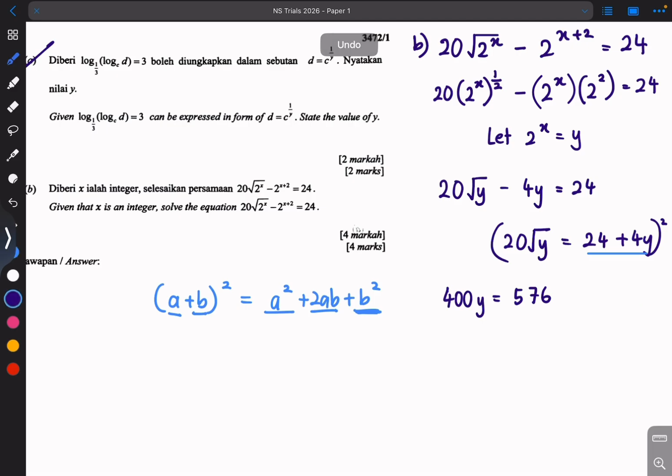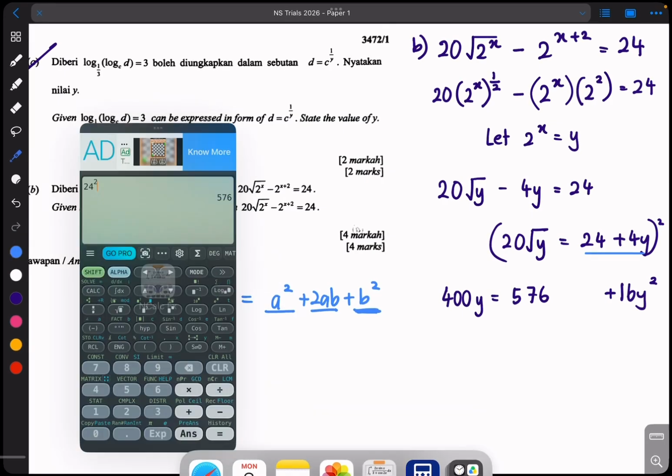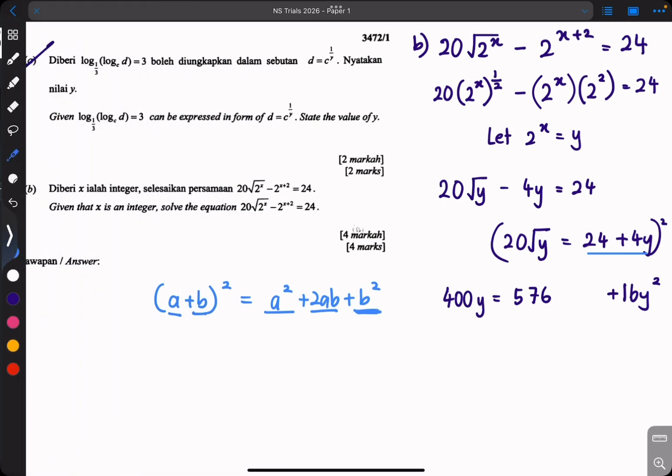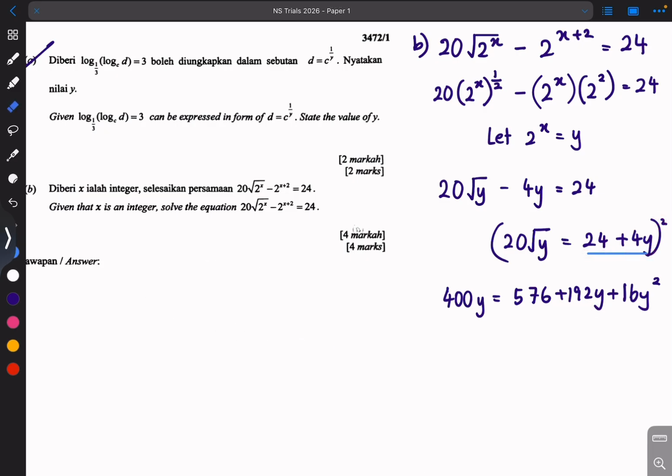And then the term in the middle will be this times this times this. So 2 times 24 times 4y, we get 192y. Right, now we can rearrange this and then we can factorize.